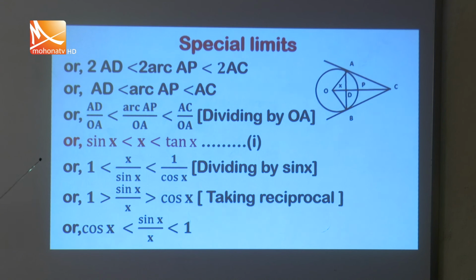Now, if we write it in reverse order, it will be cos x less than sin x by x less than 1.